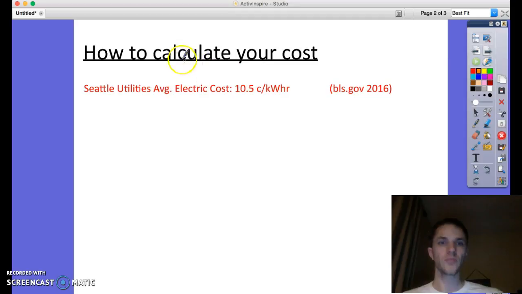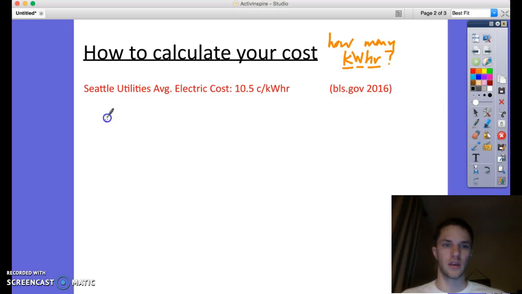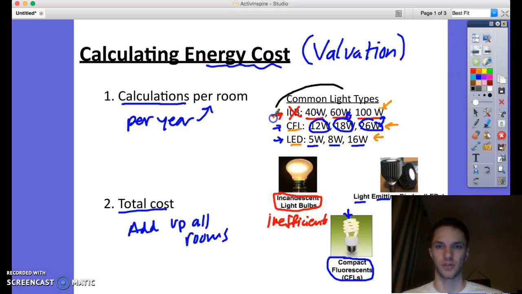So, in order to calculate your cost, we need to figure out how many kilowatt hours, kWhr, this stands for kilowatt hours, our light bulbs will use in a given year. So what we're going to need to figure out first is the number of watts the bulb uses. You'll choose that based on the bulb that you choose back in this table.